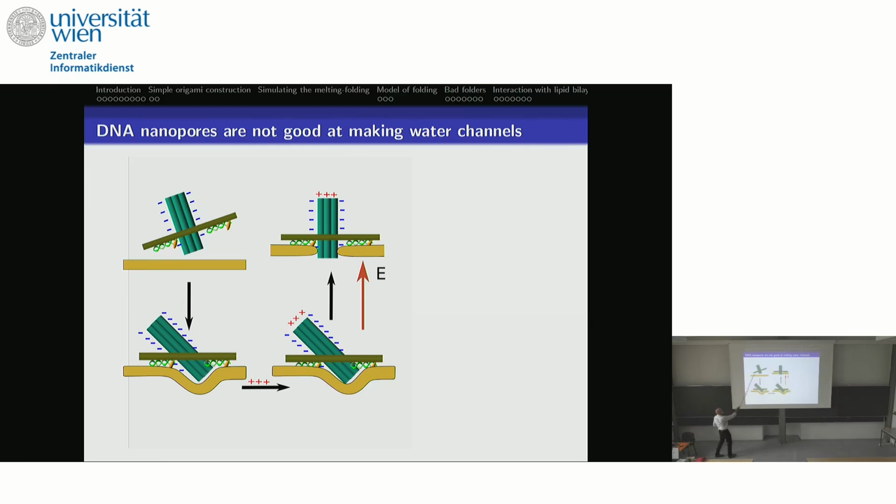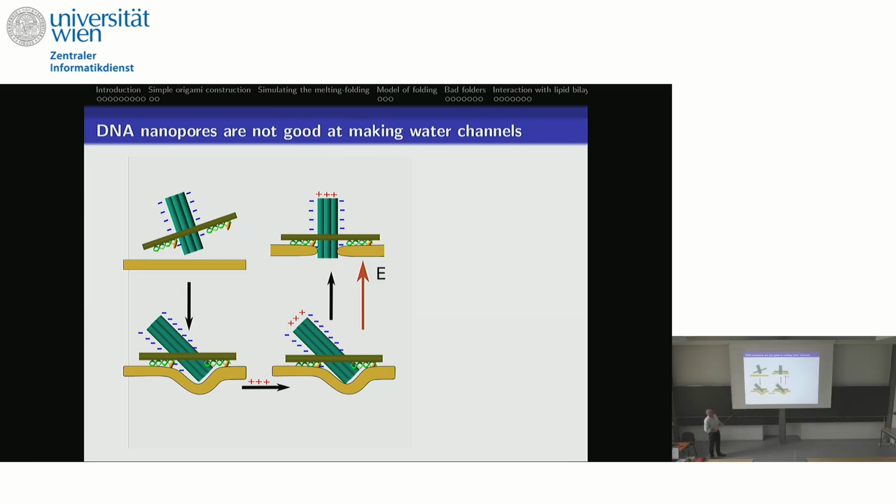So this is a hand drawing. This is an origami which is going to attach to the bilayer. My hypothesis is that this is what happens. It binds through the cholesterols here, but the bilayer is very floppy, very flexible. So here there is no water channel formation. We don't have any real proof that there are these deformations.